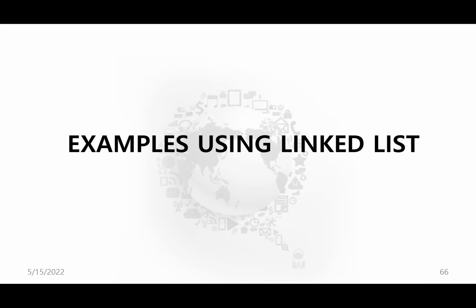Previously we just looked at how to create a linked list, a stack, or a queue using the STL libraries, and how to use some of the basic operations provided inside the STL libraries, like how to insert items, how to delete items, how to print the content of the list, and so on, just some basic operations.